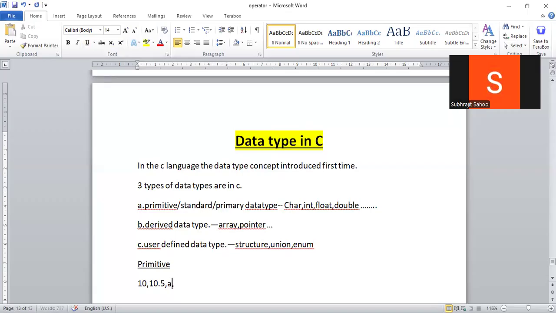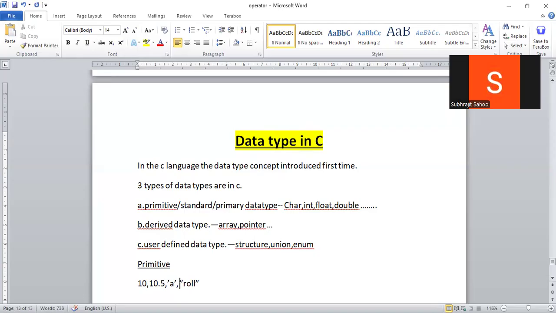A is a character here, right? Character means in single quotations. I'm using a group of characters also, suppose roll number, ROLL, okay, a group of characters like this. I'm using different types of data in the program.